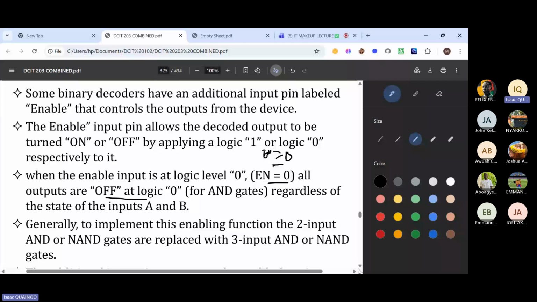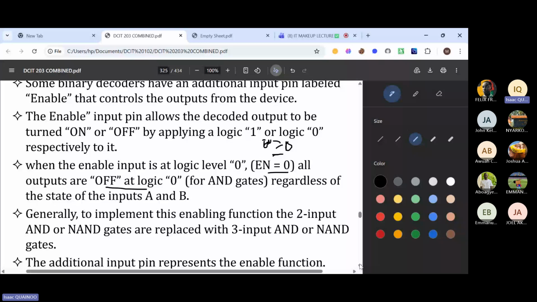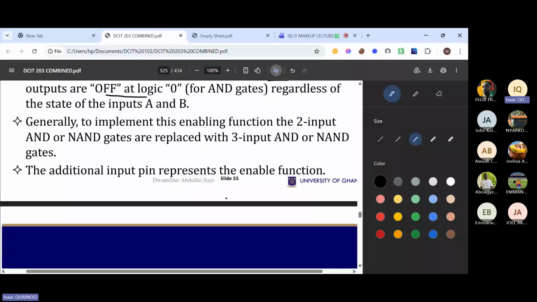That means that when you give it input, it will not be able to return an output. Generally, to implement this enable function, the 2-input AND or NAND gates are replaced with 3-input AND or NAND gates. Again, we will talk more about how the enable works when we get to sequential circuits.